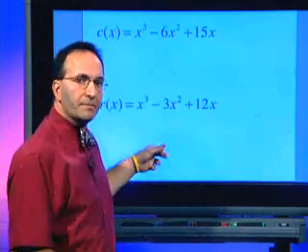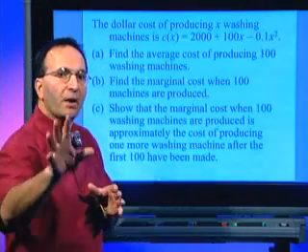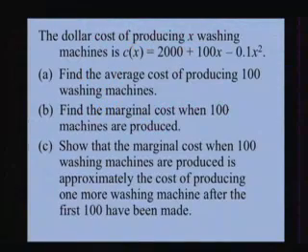Well, now it's time for you to try a problem. The problem is going to be similar to the one I did. Suppose that the cost of producing x washing machines is given by C of x equals 2,000 plus 100x minus 0.1x squared.